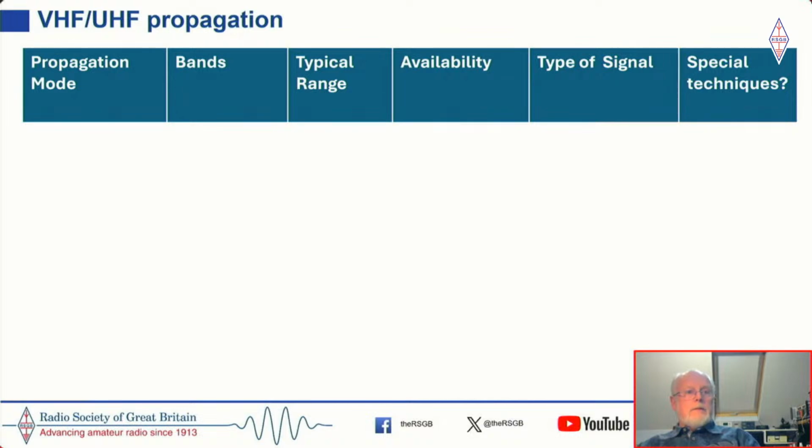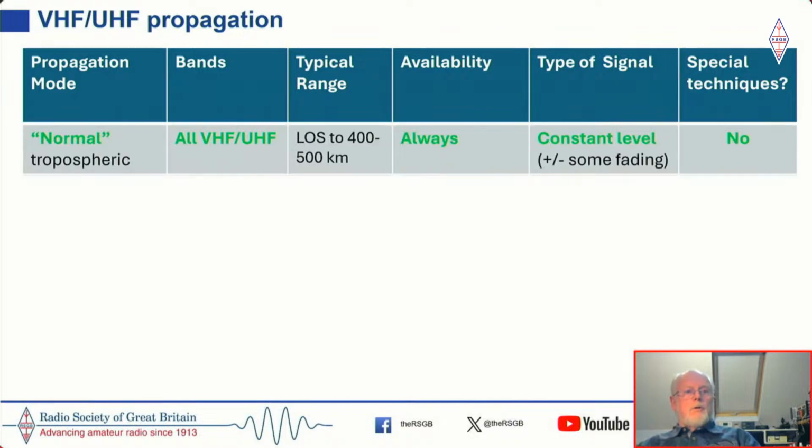The first one, normal tropospheric propagation, it's a mouthful, is our very definition of what a normal signal is. It's always available on all bands, it's around us all the time. The kind of signal, it's basically a constant level, plus or minus some fading. It doesn't need special techniques because we just said that this is all normal.